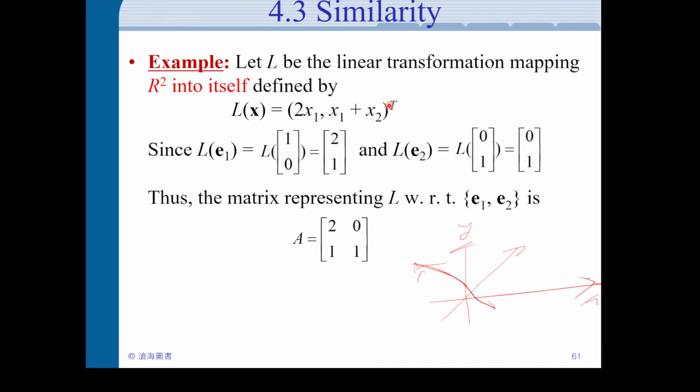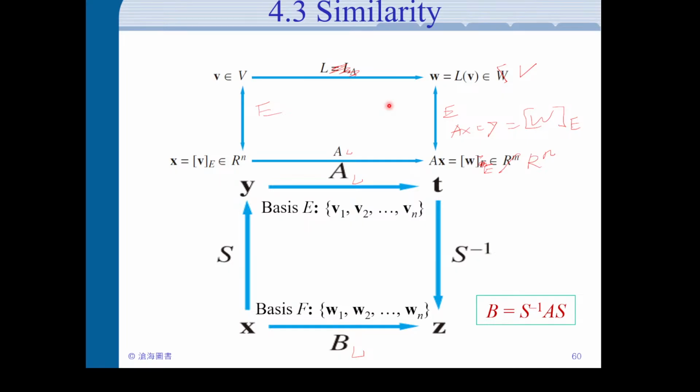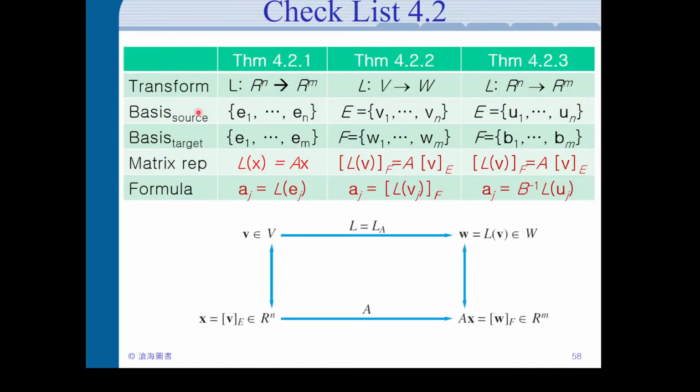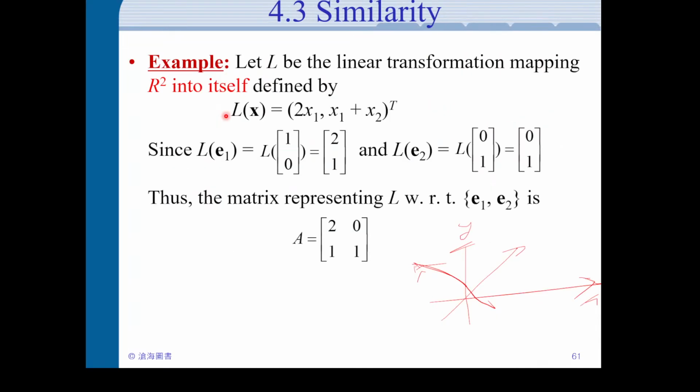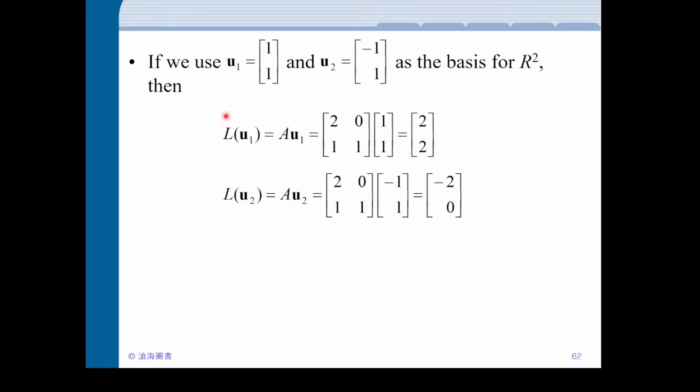Because we are going from Rn to Rn, we don't actually need to look at section 4.3, so we already know how to do this. We can use theorem 4.2.3, and we have a basis here and a basis here, and they are just the same basis. So how we find the matrix is we want to find L of U1 and L of U2.